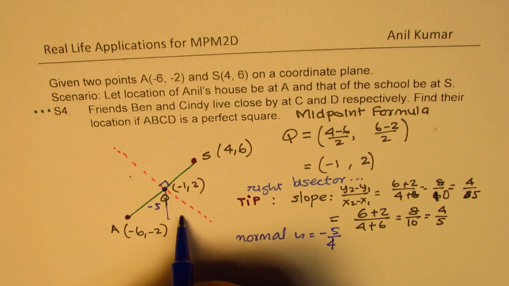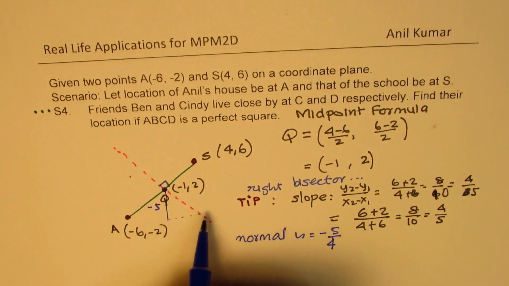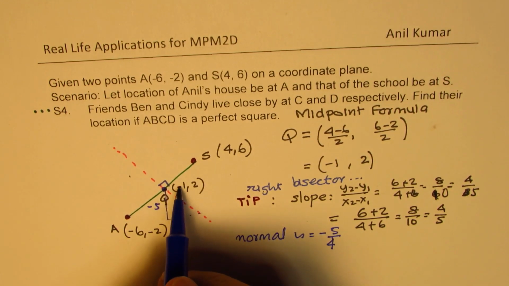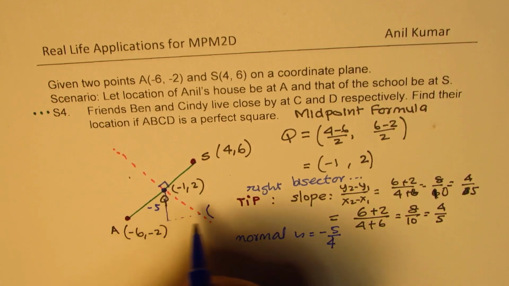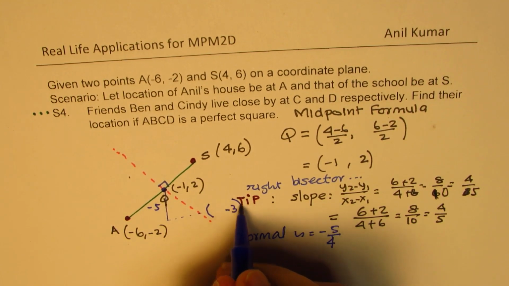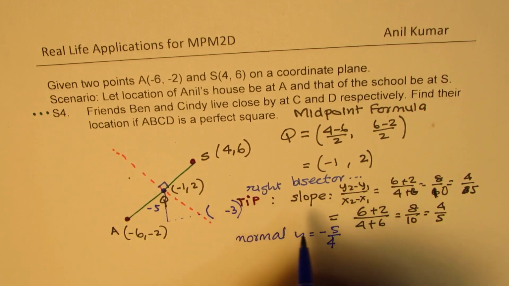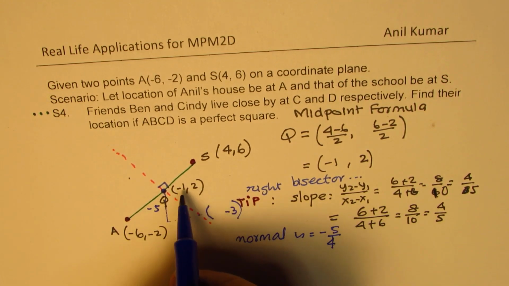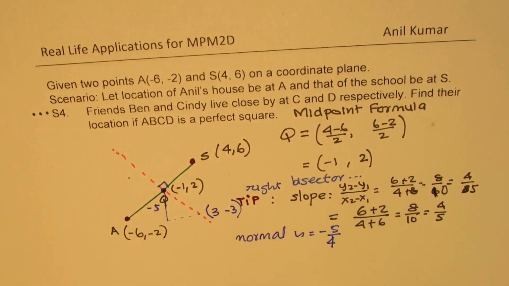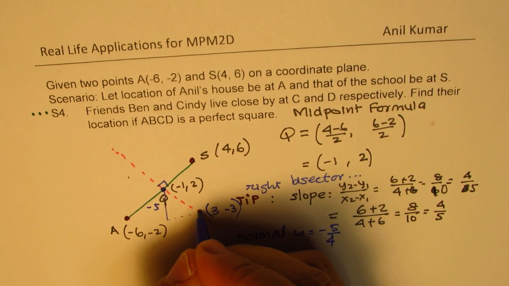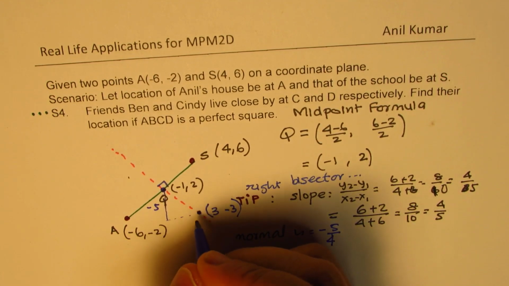So when I go 4 units right, the y value will be 2 minus 5, which is minus 3, and the x value, you're moving right from minus 1, 4 units, so that is plus 3. Correct? So you get to a point which is going to be (3, -3), and you can call this C.